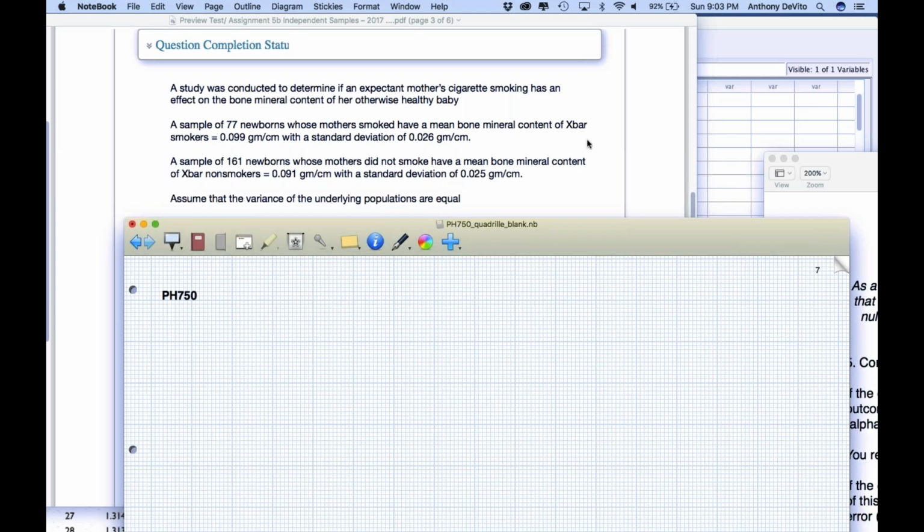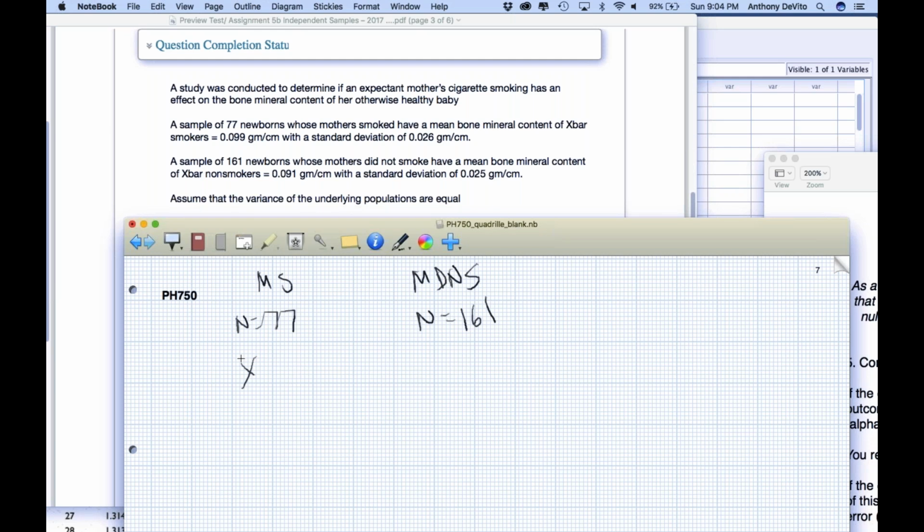Okay, so let's take our two samples here. I have two samples, mothers who smoked and mothers who did not smoke. For mothers who smoked, my sample size is 77. For mothers who did not smoke, my sample size is 161.